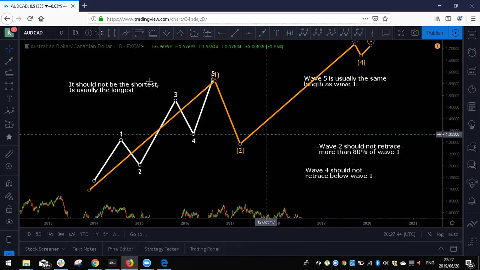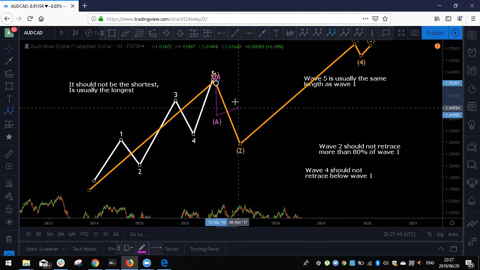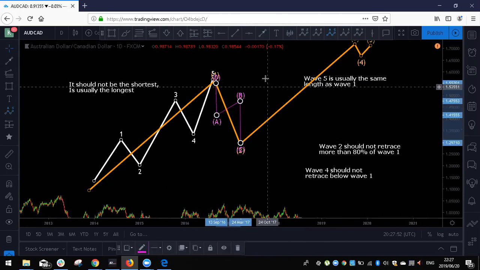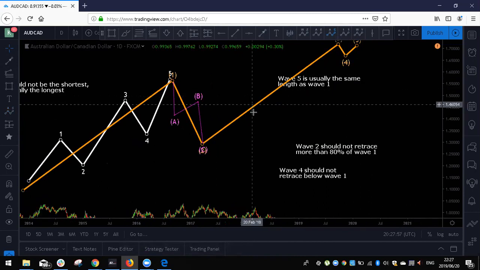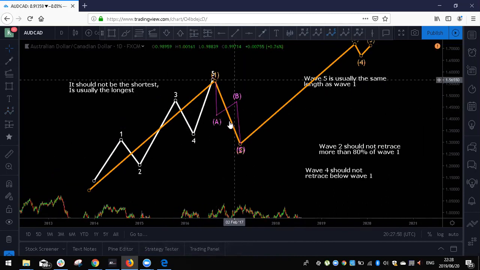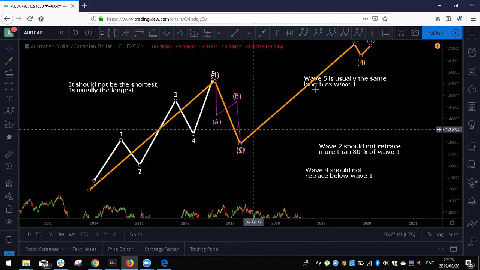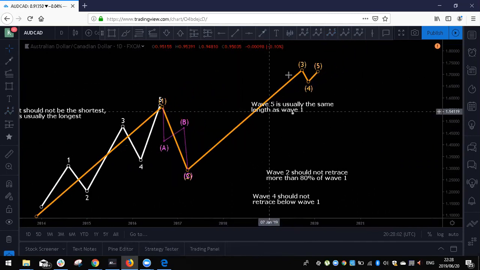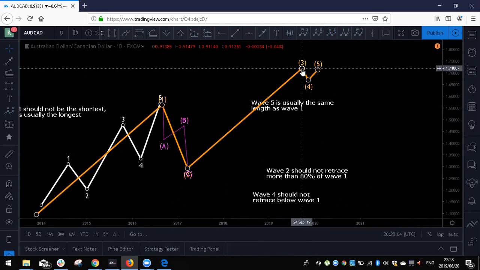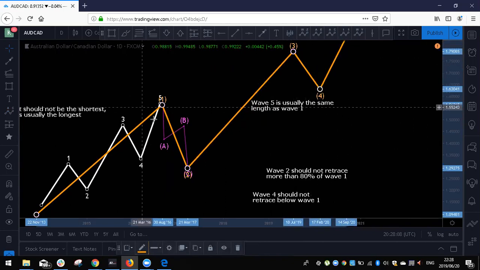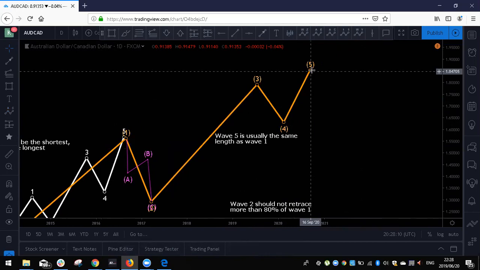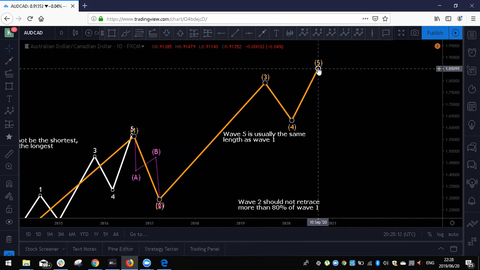Then wave 2 is a corrective wave, so it's most likely going to take any of those corrective structures that we've discussed. It can take a zigzag, a flat, a triangle, anything. Then wave 3 is a motive wave, so it's going to have 5 waves. Then wave 4 is a corrective wave, so it can take any corrective structure. Then wave 5 is going to have 5 waves.